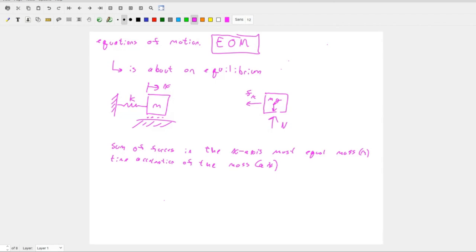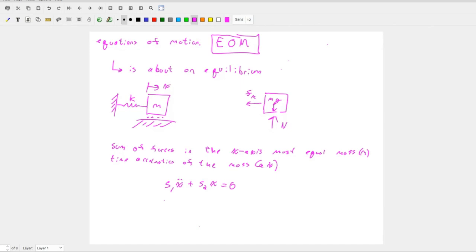So if we consider that the positive displacements are to the right again, the standard form of the equation of motion for an undamped system is S1 x double dot, which is our acceleration, plus S2 x is equal to 0.